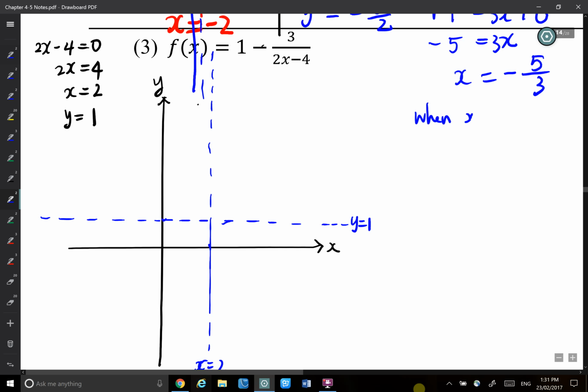When x equals 0, y equals 1 minus 3 over negative 4, so y equals 7 on 4.